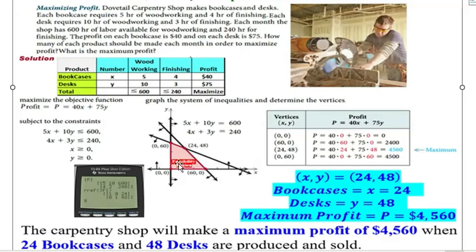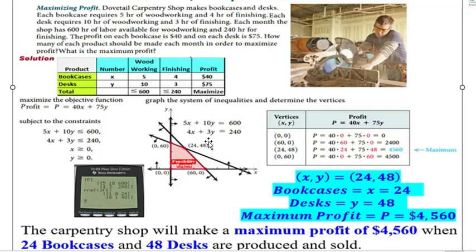Then all we have to do is evaluate the objective function, which is profit equals 40x plus 75y, at the corner points: at 0, 0, at 0, 60, at 60, 0, and at 24, 48.